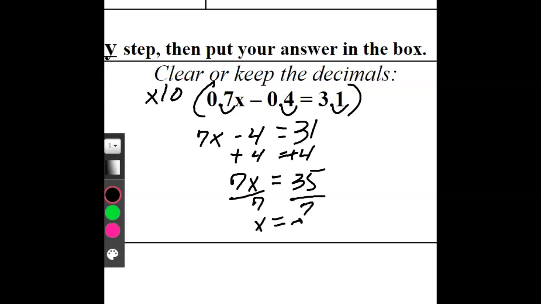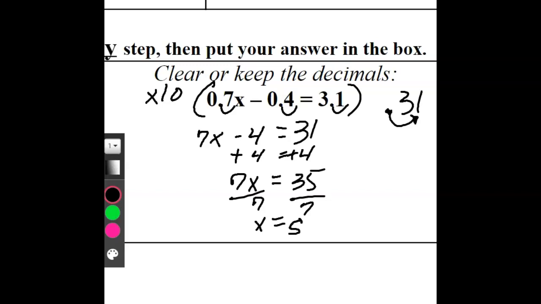X equals 5. Right? And even if you were able to clear out some of the decimals, like if we had one over here where instead of maybe 3.1, we'll say it was 0.31. Well, we could still move the decimal if you wanted, and then you would just be dealing with one decimal.